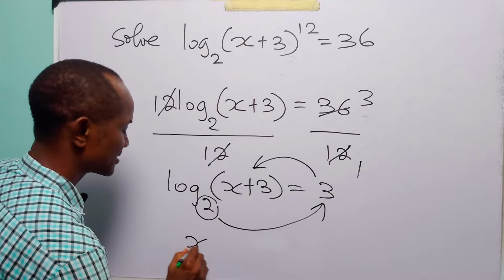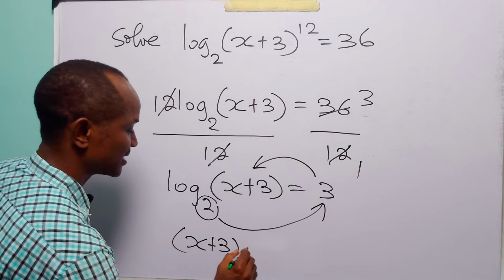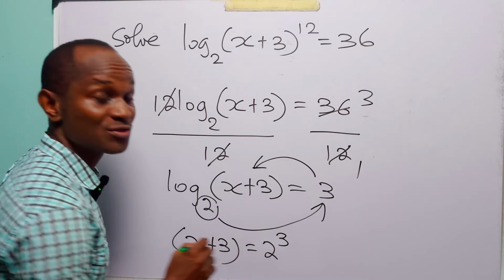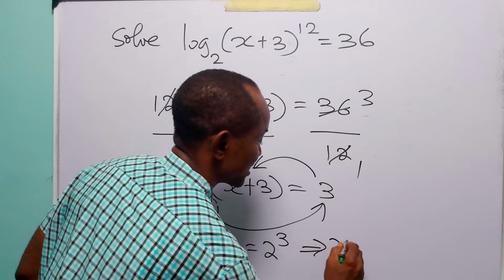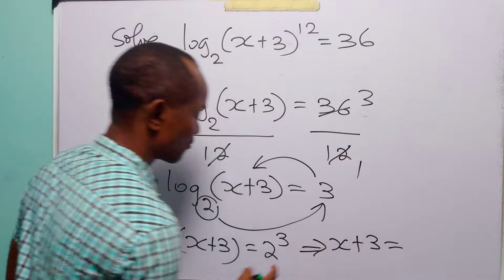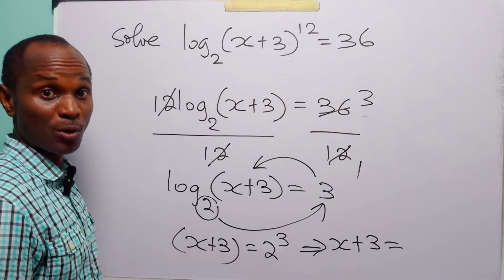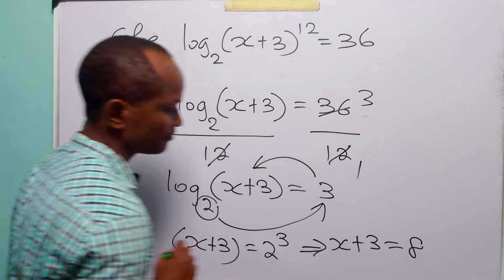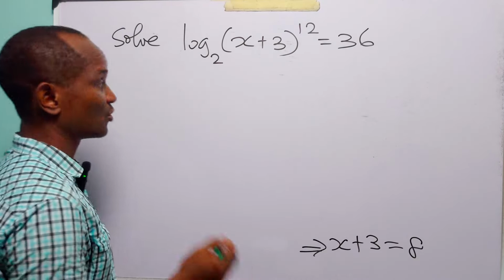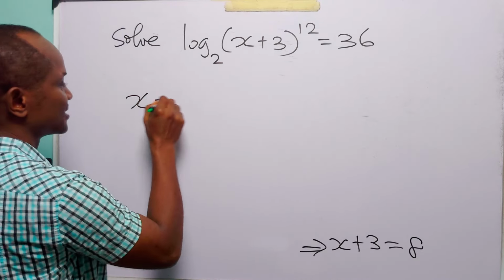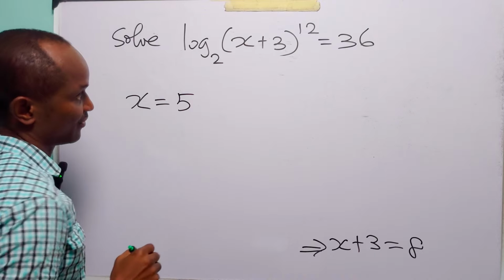So we have that x plus 3 is equal to 2 raised to power 3, which is equal to 8. And of course, subtracting 3 from both sides of this equation, we have that x is equal to 5.